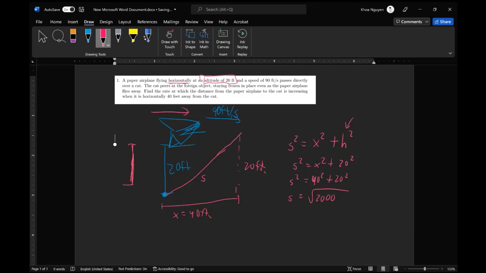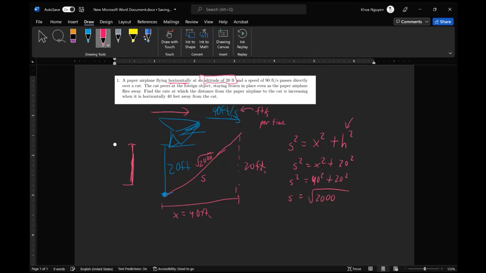What that tells you is that at 40 feet horizontally, you are the square root of 2000 away diagonally. It is an important value, and it'll help us get the rate at which the distance is changing. And in order to get that, you need to take the derivative. If it's asking for speed, notice how feet per second is a unit of distance per time.